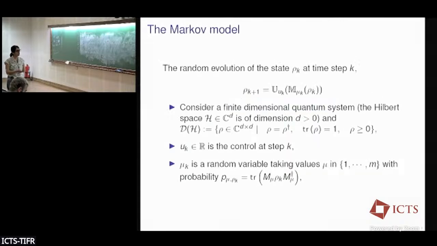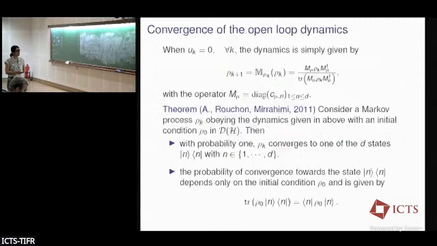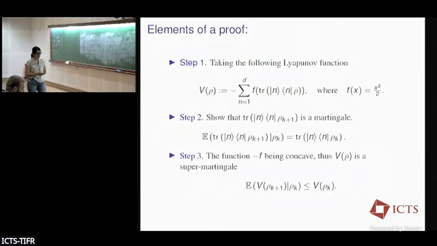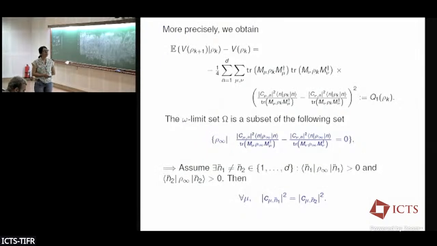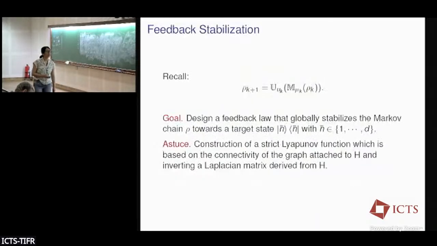When we don't have a feedback, we have the open loop. We consider this function, and we show that we have this convergence towards the set nn. I want to use this open loop because it brings us to the state nn, and with the other term, I can control the convergence to the n bar exactly. Okay, so that is the idea.